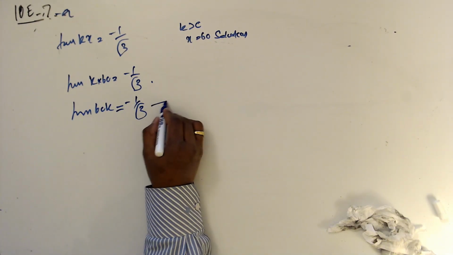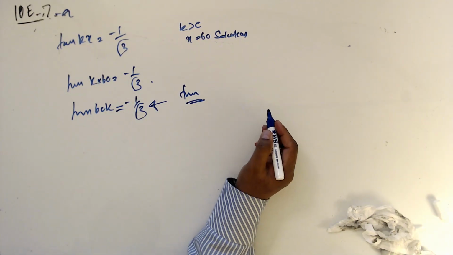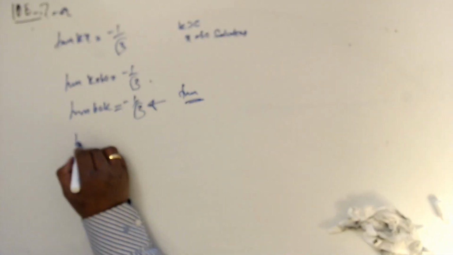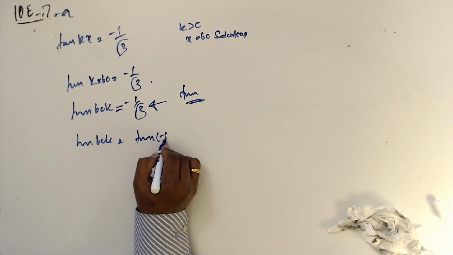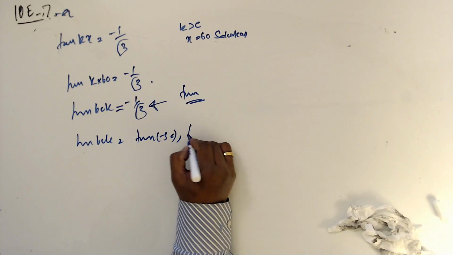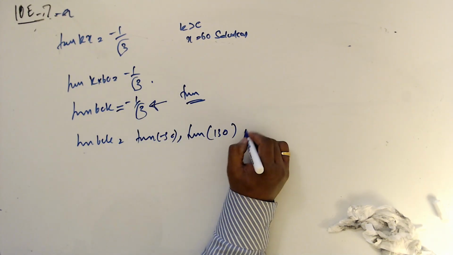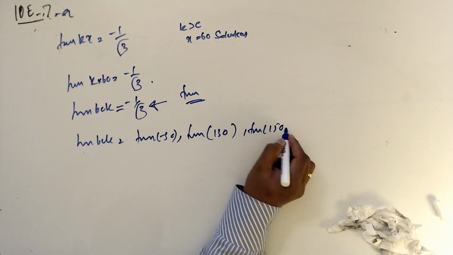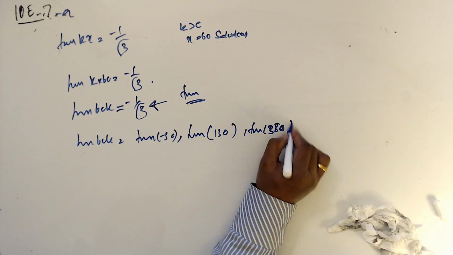Now which tan value gives minus 1 over square root 3? If you look at, tan minus 30 will give this value, or tan 150 gives this value, or tan 330 gives this value.